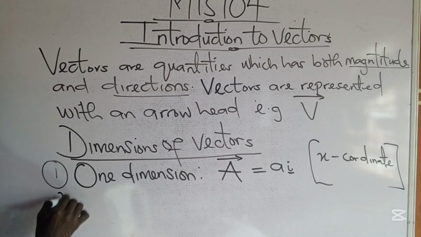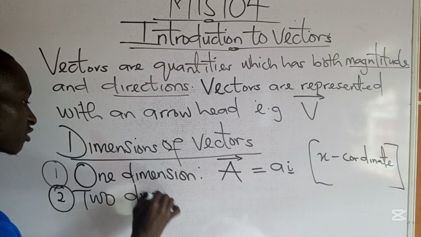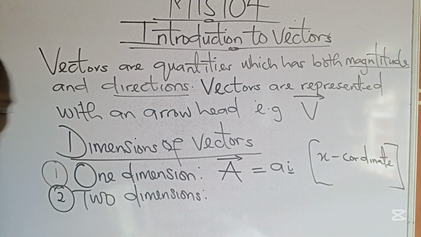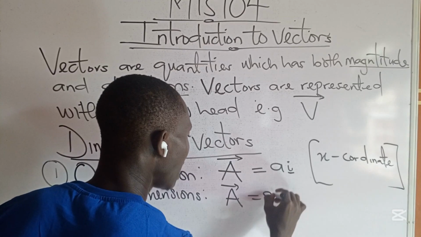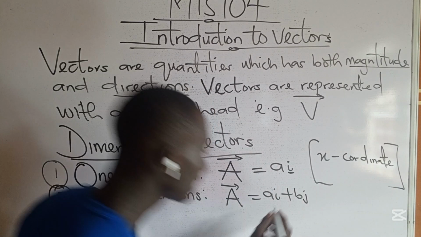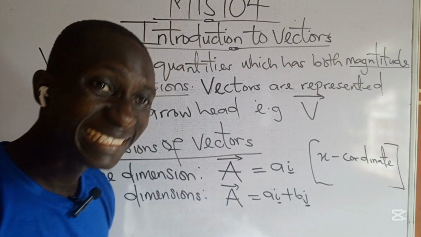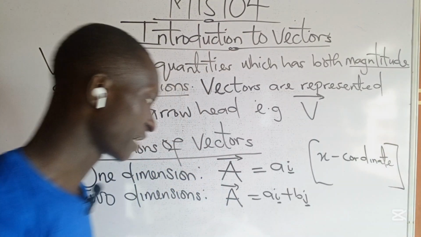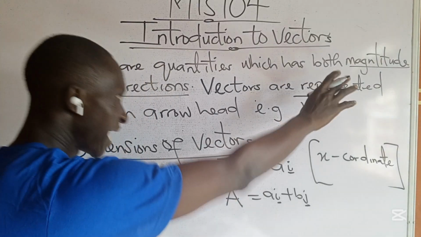Right? When you hear the word two dimension, it simply means it travels across two different dimensions. Now, when we want to write that, vector A can now be written as AI plus BJ. Here, I and J represent the directions, while A and B represent the magnitude.